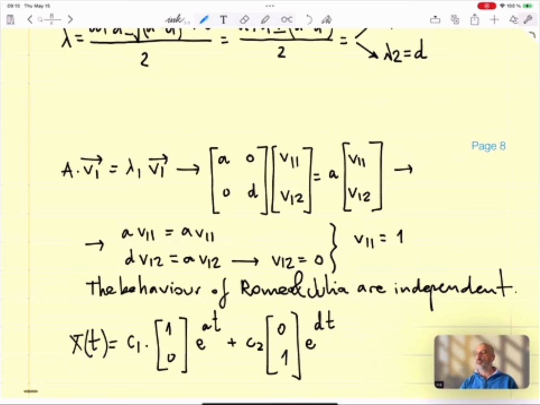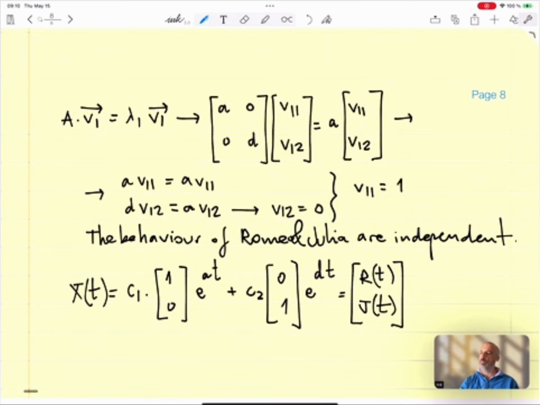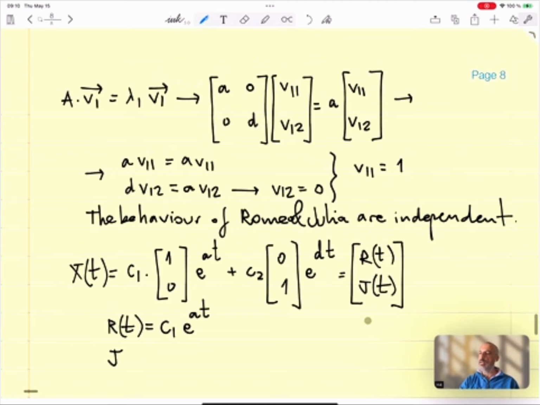Okay, these are functions of t, so we can say that the love of Romeo is going to be a constant e to the at, and the love of Julia is going to be also a constant e to the dt.